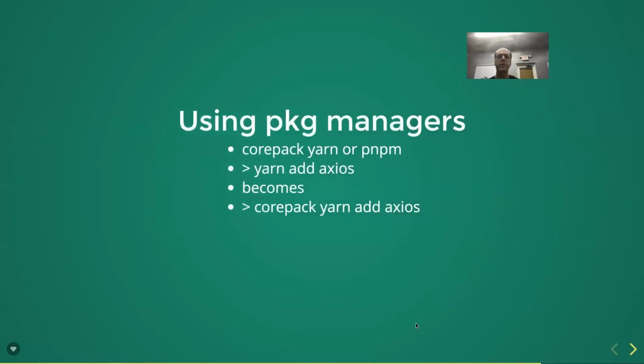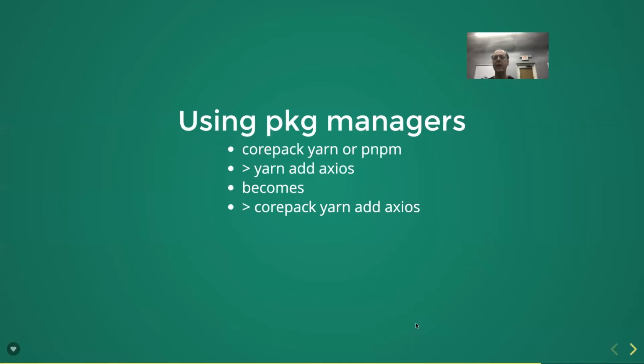As far as using the package managers, typically if you're using Yarn or PNPM, you would have it installed globally, and you would type in yarn and then whatever feature you want to use with that package manager. But now to use those, you actually use corepack at the beginning. So if you're going to use Yarn, instead of calling yarn directly, you would say corepack yarn.